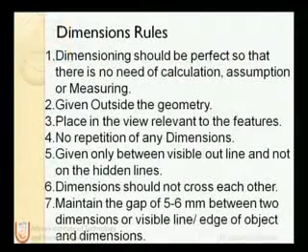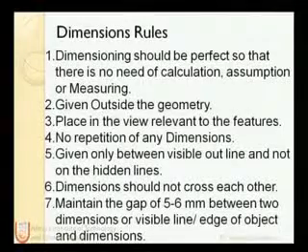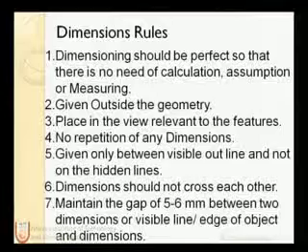So the dimension rules, it is very important to understand and follow these guidelines, because dimension rules are basically designed to carry out the dimension. There will be no error, and the drawing should be interpreted by minimum effort.